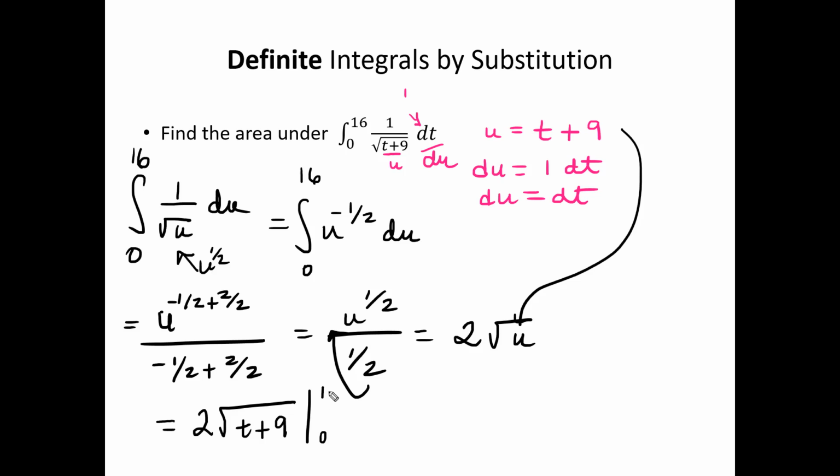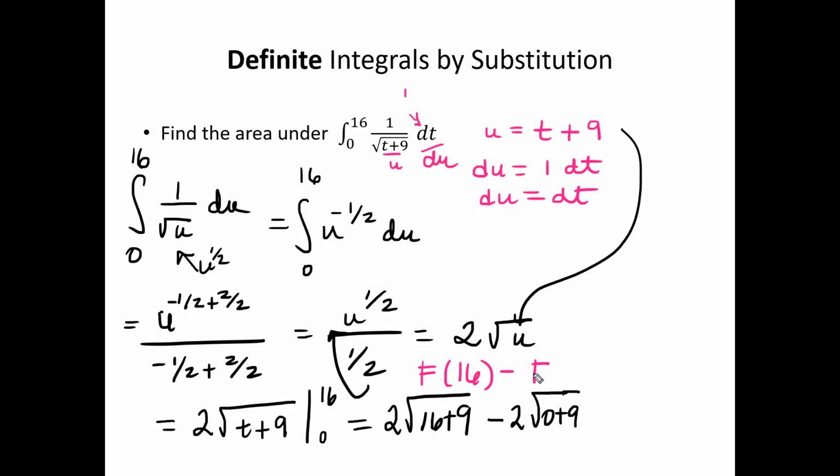And now finally, my last step, I can plug in my limits of integration. So that's going to be 2 times the square root of 16 plus 9, minus 2 times the square root of 0 plus 9. Remember what this piece is right here. This is my f of b minus my f of a.